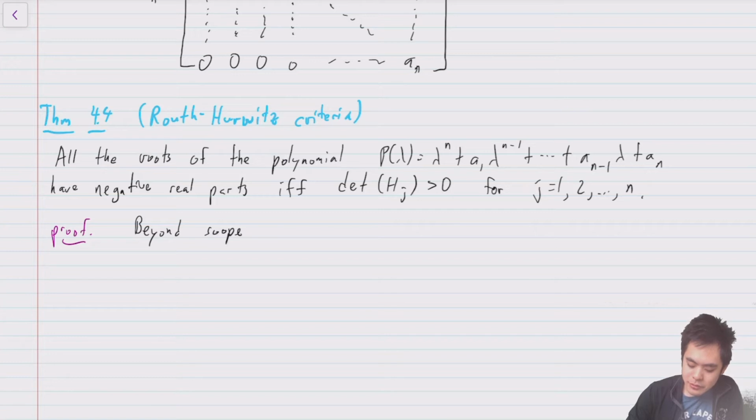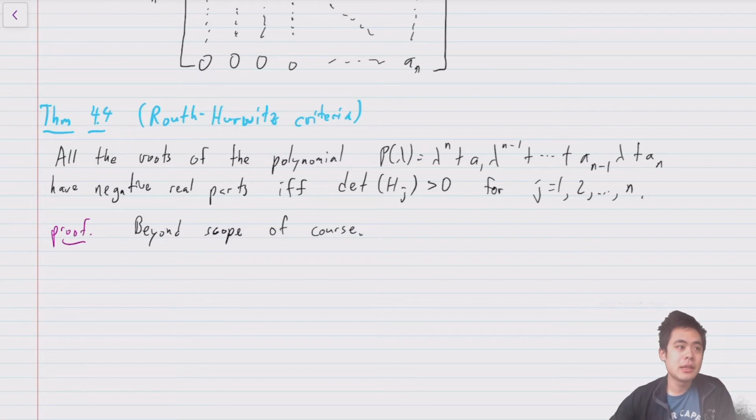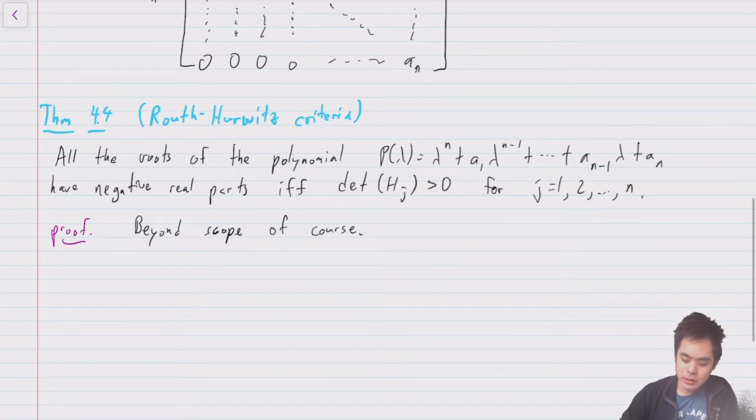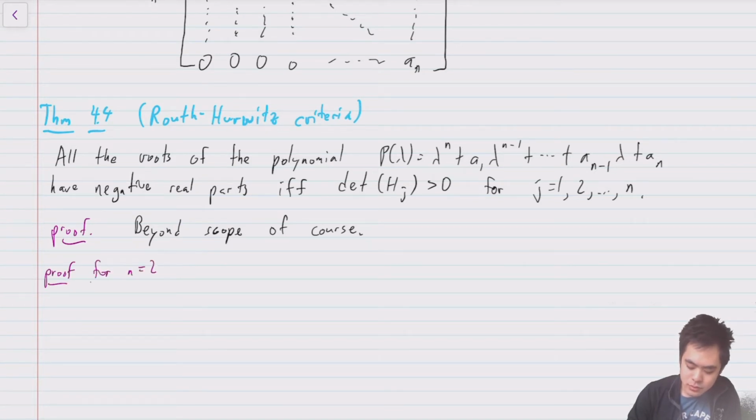We will give a verification for n equal to 2, just to give you a flavor of it, but it gets pretty complicated. So beyond scope, of course. But let's go ahead and give a proof for n equal to 2.